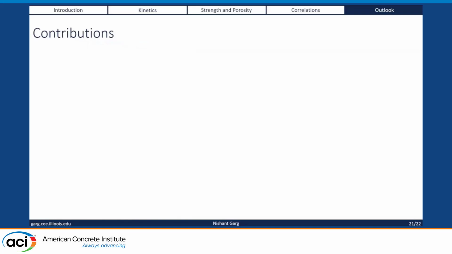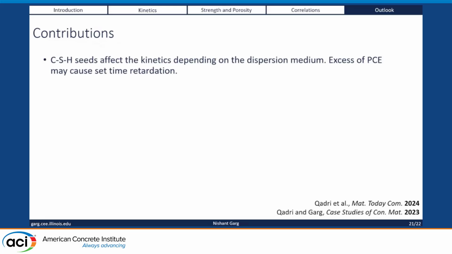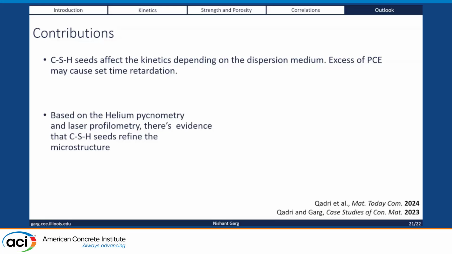Okay, so just to summarize what we have talked about here, the CSH generally can affect the kinetics, so it depends on the dispersion medium. You have to be careful about how much PCE is there, because that could retard things, but generally the overall cumulative heat is improved. Based on helium pycnometry and laser profilometry, there is now good evidence that these are refining the microstructure.